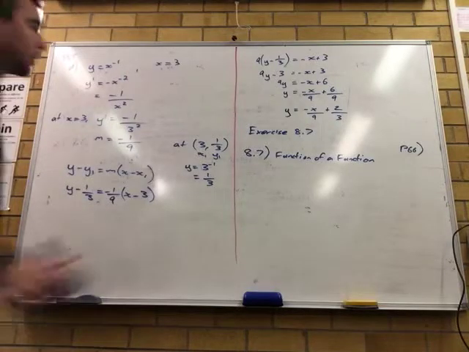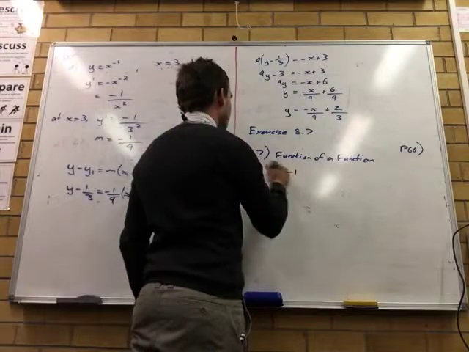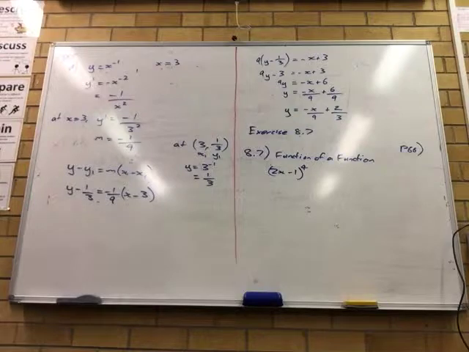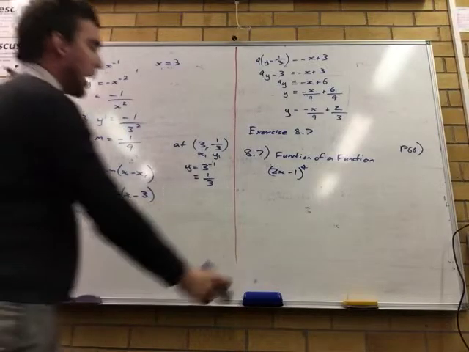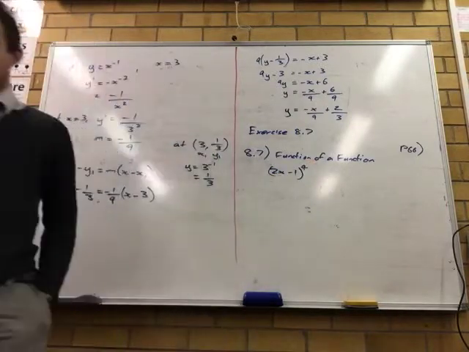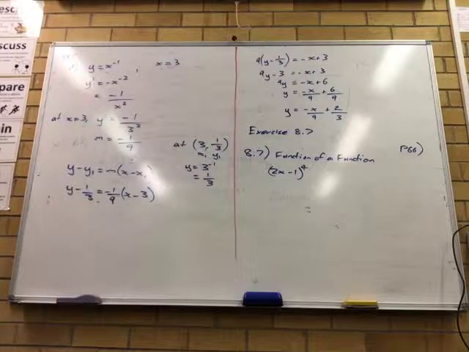So for example, (2x - 1) to the power of 4 is an example of a composite function. Usually it's got some linear or quadratic expression in a bracket to a power out the end, where we can make it up into two separate parts. So we can make a substitution, let u equal 2x - 1, and we'll apply the result that we're about to look at through the examples.